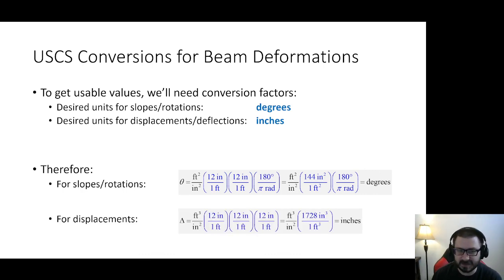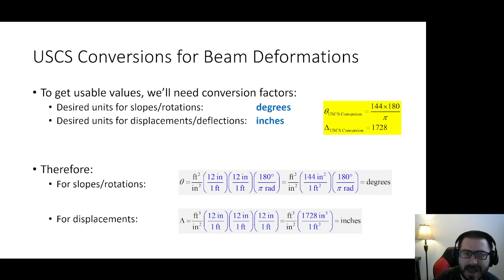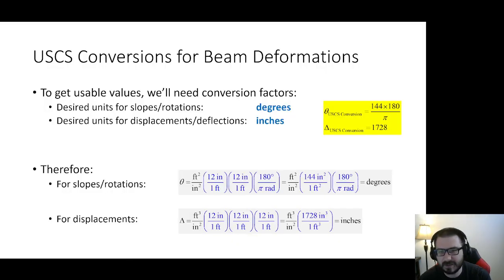And for displacements, I've got one more foot term, so I'm having to multiply 12 times 12 times 12. 12 times 12 is 144, times another 12 is 1728. So now you can see where that 1728 came from. We have these pretty magic conversion factors that we derive for slopes and deflections. For slopes, 144 times 180 over pi, and for deflections, 1728.